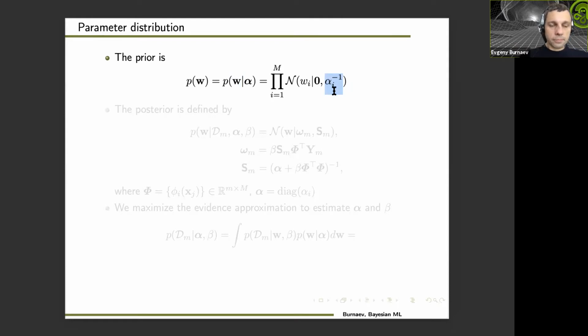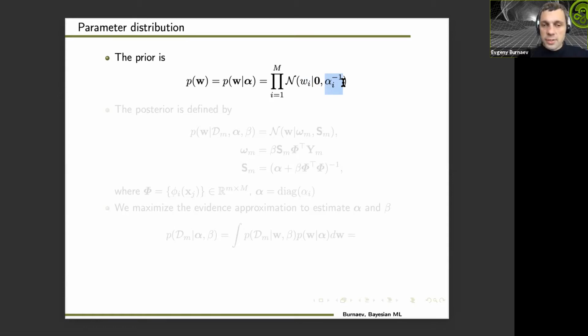And what does this mean? This means that if we can tune these parameters alpha sub I somehow, then for some of the parameters W, if these hyperparameters alpha sub I is big or is small, then, for example, if it is big, that means that the variance of the Gaussian distribution is very small, almost zero, and vice versa.